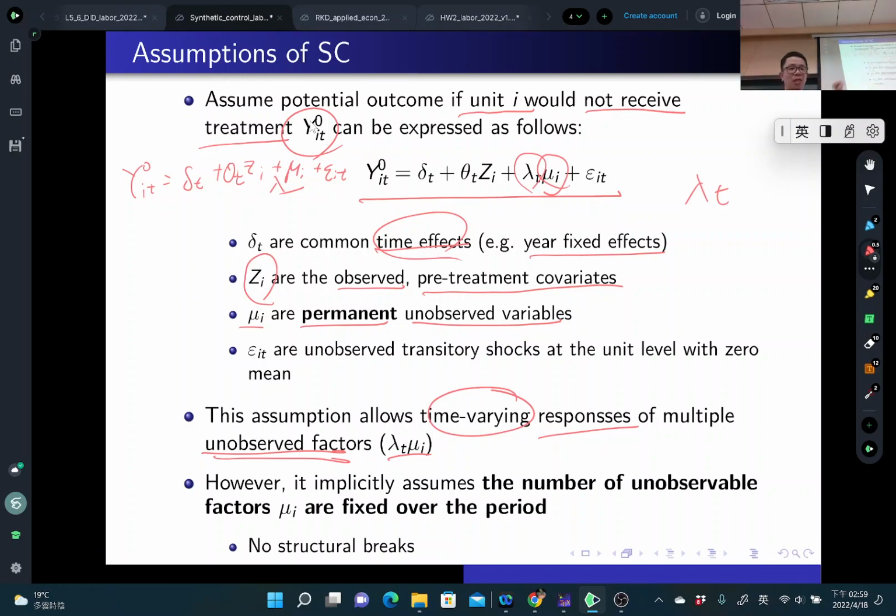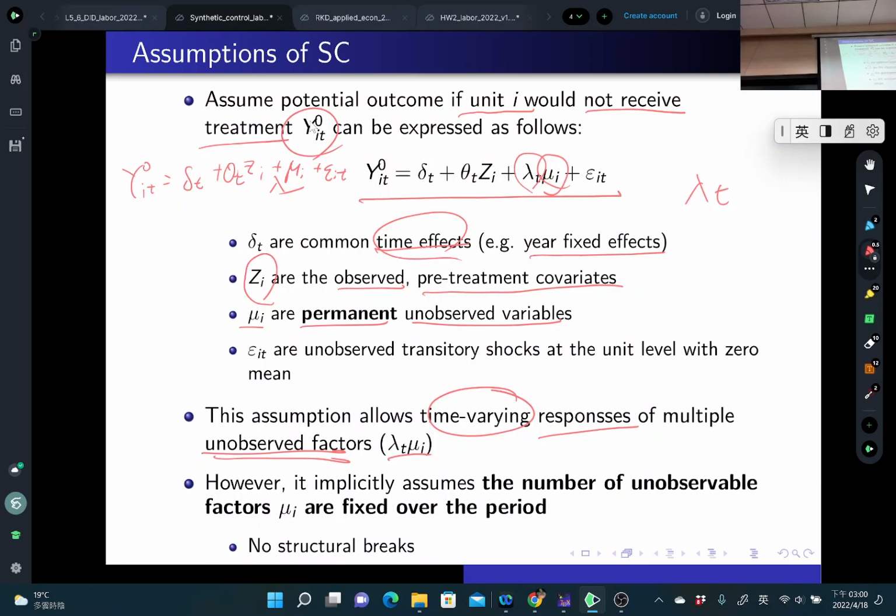Okay. So how can they deal with this issue? I will let you know later. But this assumes the number of unobserved factors is fixed over the time period. So this does not allow structural breaks.